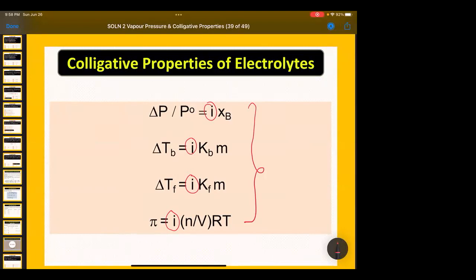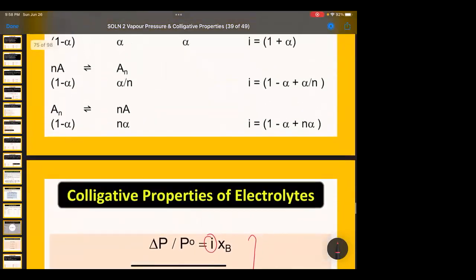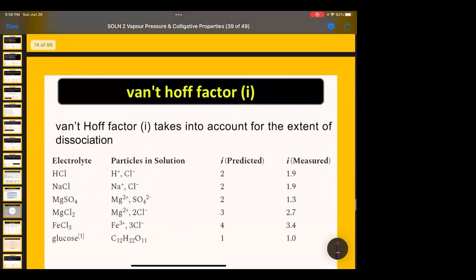And suppose you took ammonium sulfate, the i will be 3. So molality is the original moles of the complete compound which you put into the solvent, and you multiply the formula by i to correct it to get the actual number of particles. And you estimate i by the formula, so you can see over here how to calculate i.